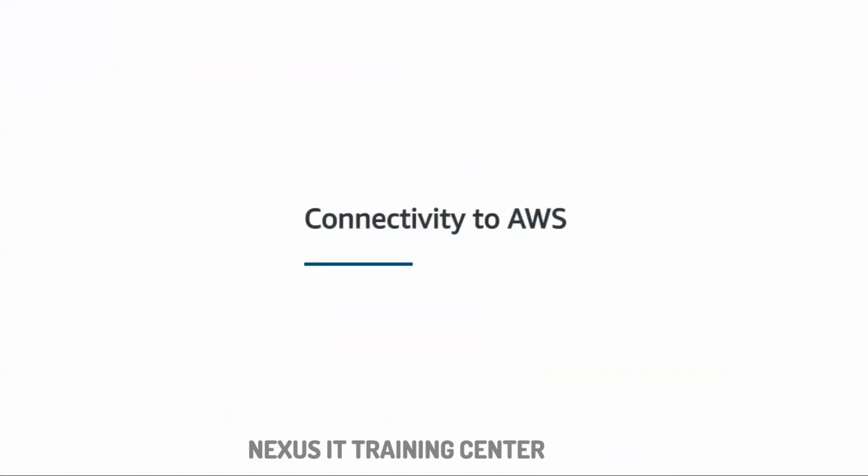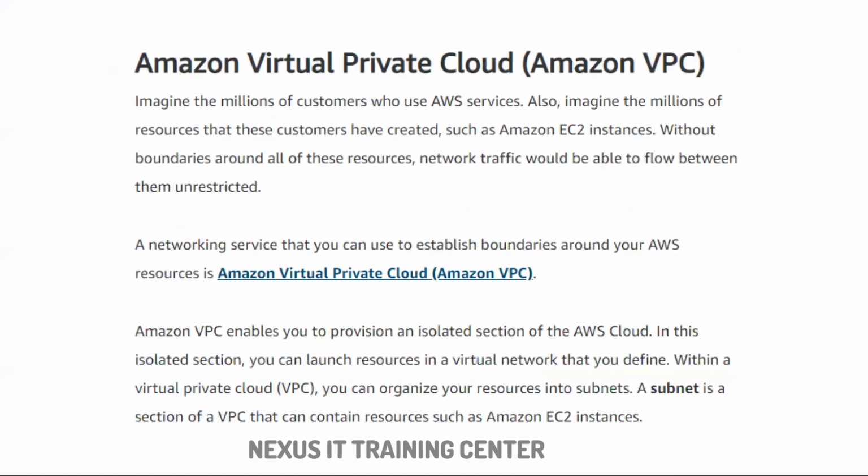Okay. So connectivity to AWS. So meron tinatawag na VPC. So what is VPC? Imagine millions of customers who use AWS services. Also, try to imagine how many resources this customer availed, no? Baka in-avail niya lahat. Hindi naman lahat, di posible lahat.